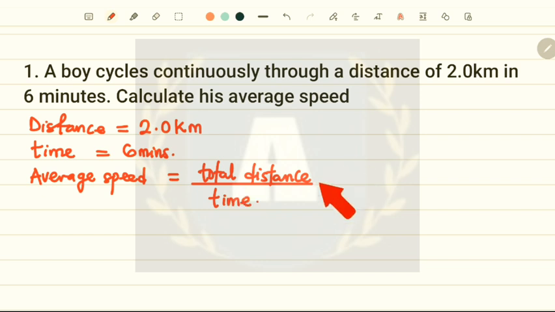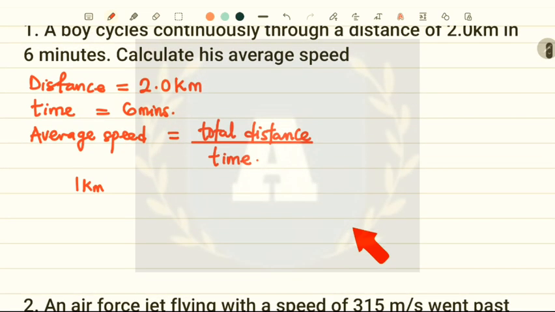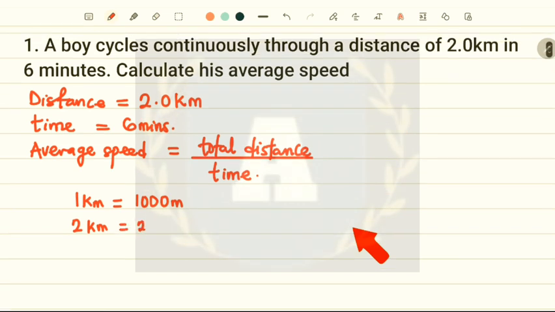Before we apply this formula, we have to do some conversions so that our answer will be in meters per second. So 2 kilometers to meters, since 1 kilometer is equivalent to 1,000 meters, 2 kilometers will be equivalent to 2 multiplied by 1,000 meters, which is 2,000 meters.